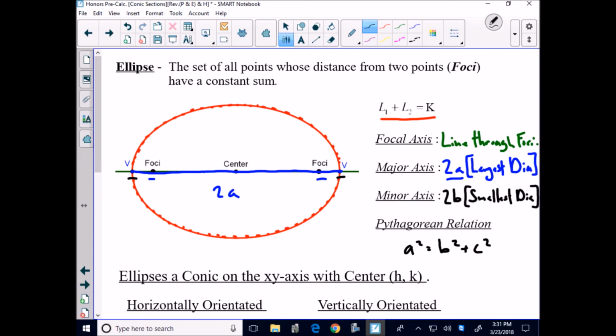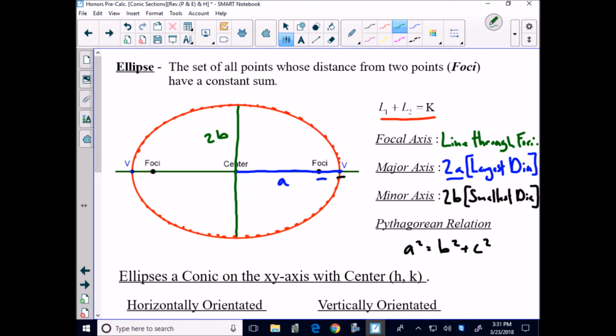Now, if we know that the entire major axis is 2a, then we can say that half the major axis, or the distance from the center to our vertices, would be a length a. We say that the minor axis is the smallest diameter, and that smallest diameter has a length that we call 2b.